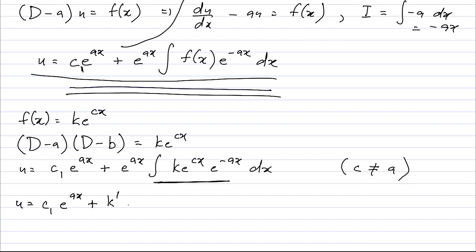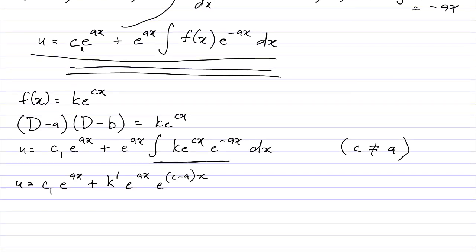You're then left with e raised to power ax, and after the integral the exponential remains the same, so we get e raised to power (c minus a) x.